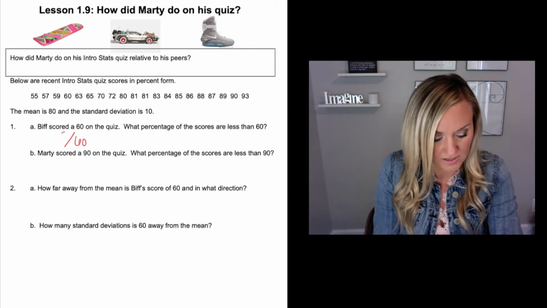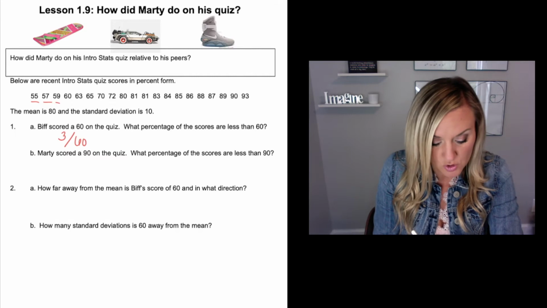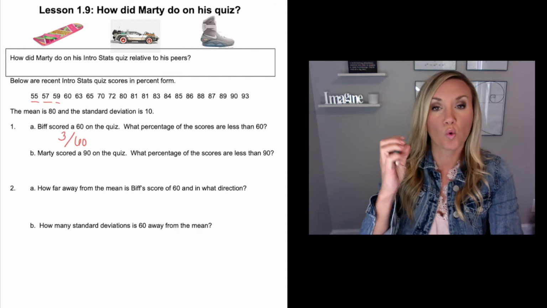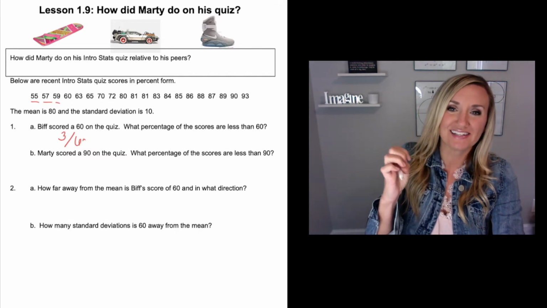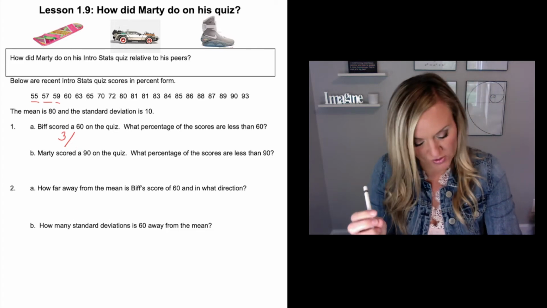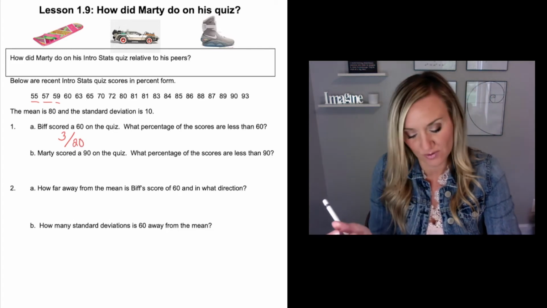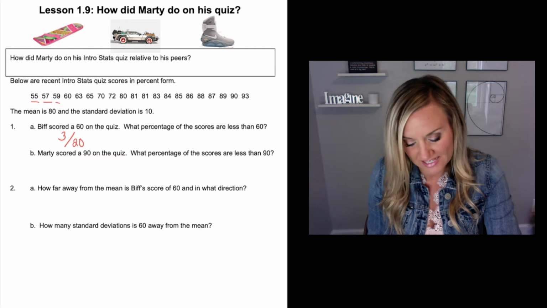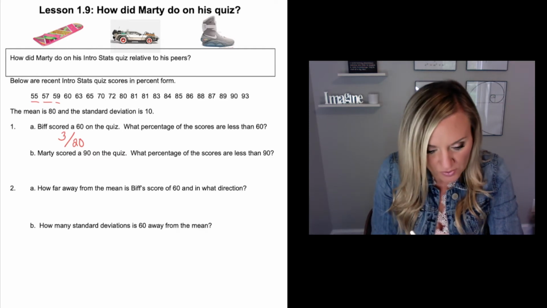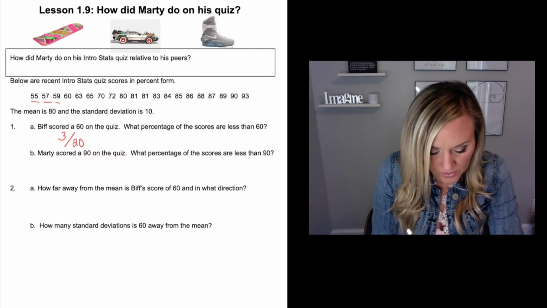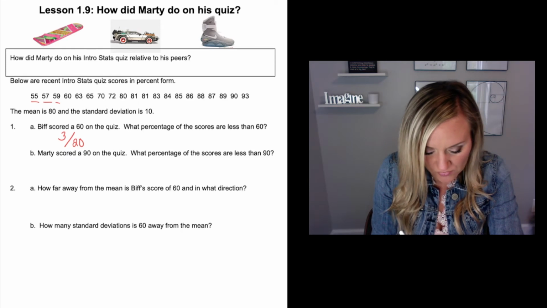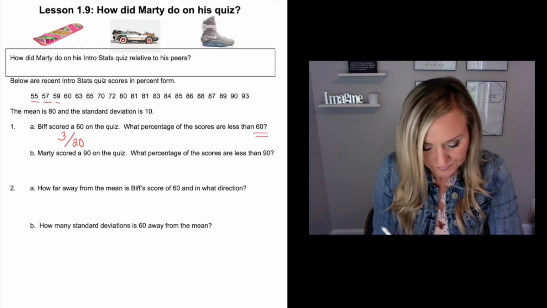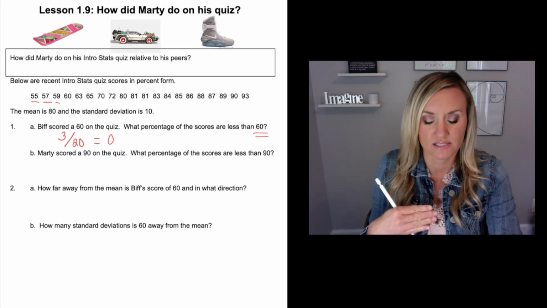Sorry about that, guys. There are 20 people in the class, 20 test scores. 3 test scores out of those 20 scored less than 60, and therefore that would be 0.15 or 15%. So 15% of the students scored less than 60.